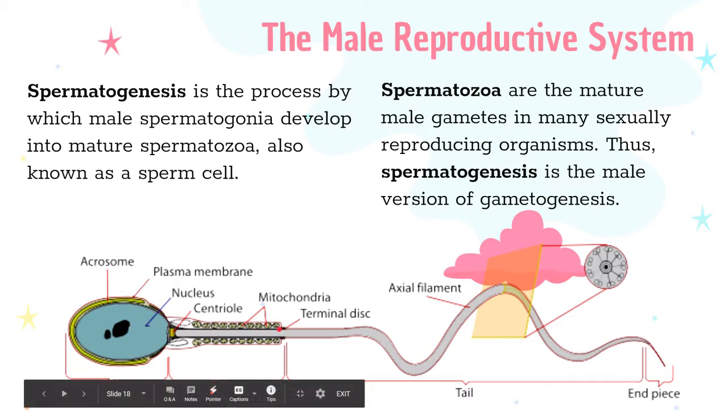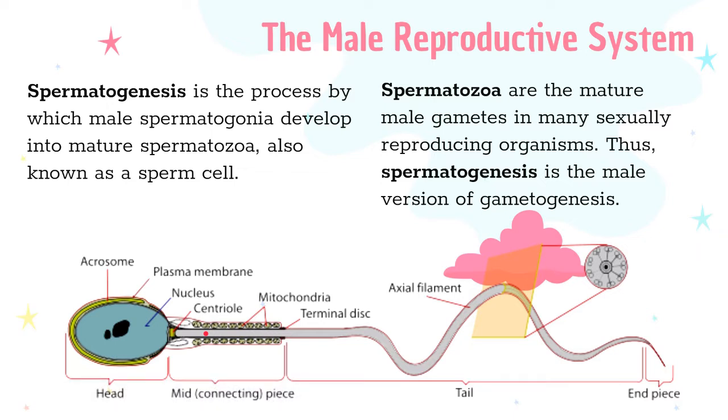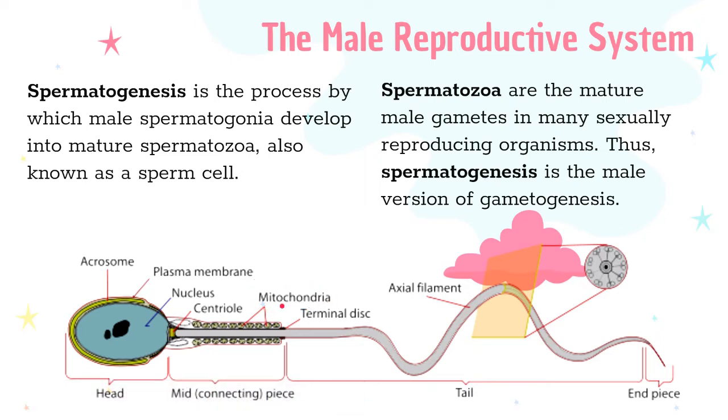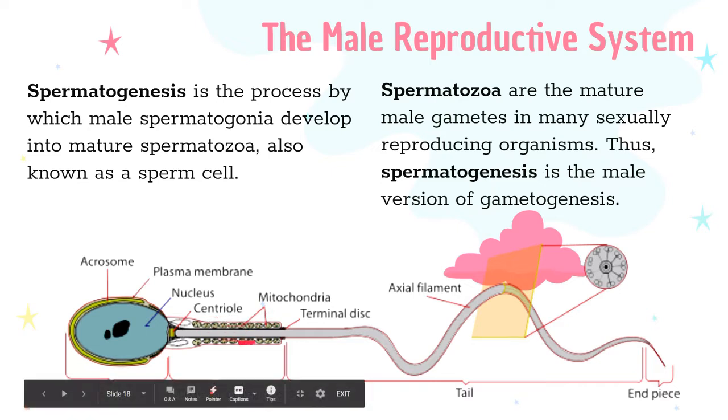Then as you can see here, each sperm cell has a lot of mitochondria in its mid or connecting piece. Mitochondria, if you still remember, are the organelles responsible for energy generation. They are the powerhouse of the cell. Sperm cells have a lot of mitochondria because they need to swim.